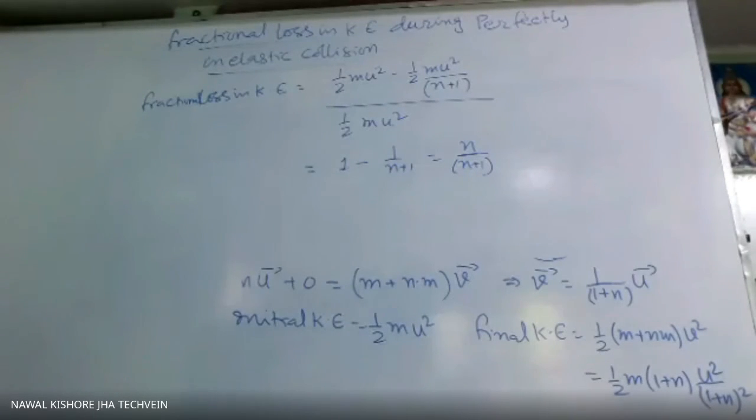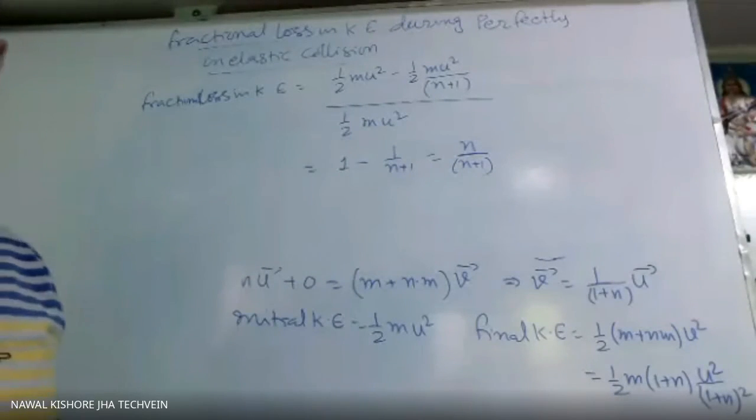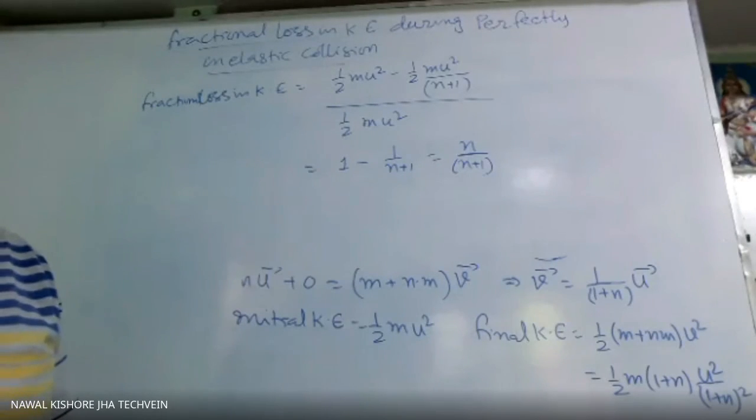Okay, so in this chapter you have only this much to do, and you are expert in solving numericals, so you might have solved all of them. Anyone having any doubt? You ask next day. Otherwise, we will start a new chapter.